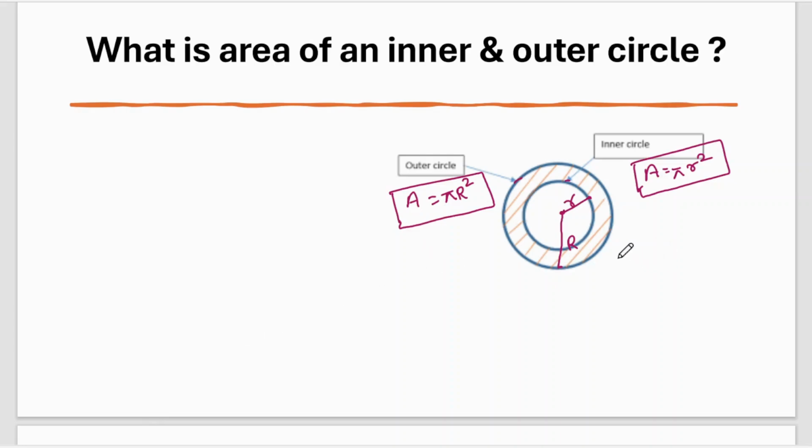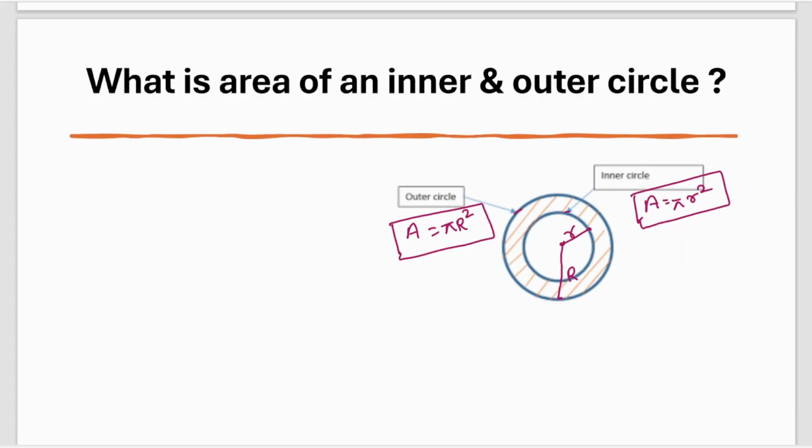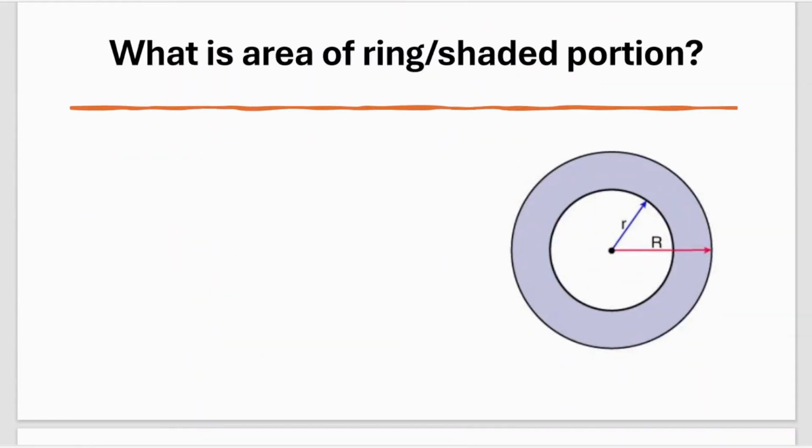Now you can see the area of the shaded portion. If you have been asked to find the area of the shaded portion, how will you calculate? Let's see. We have got the area of the outer circle as pi capital R square and the area of the inner circle as pi small r square.